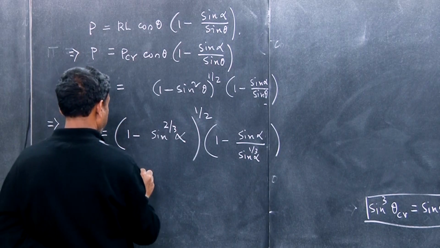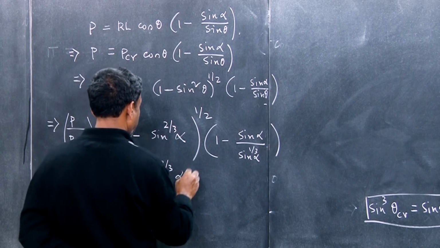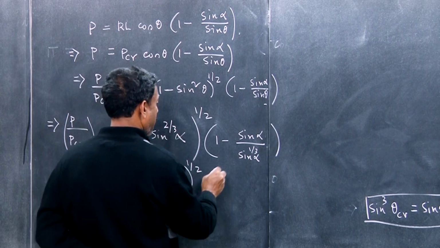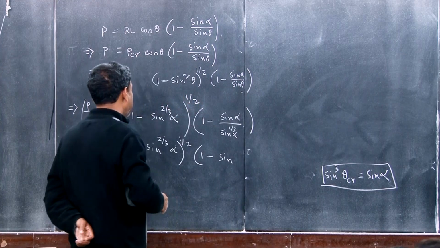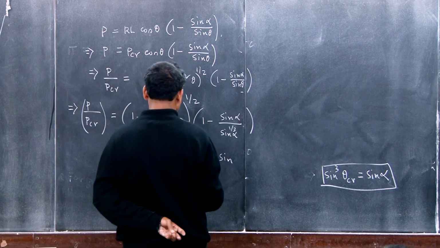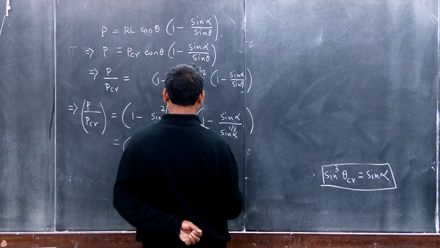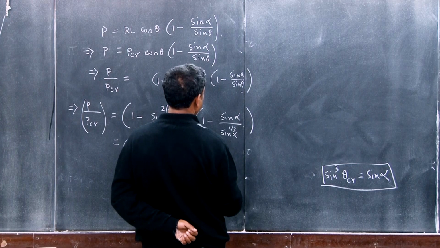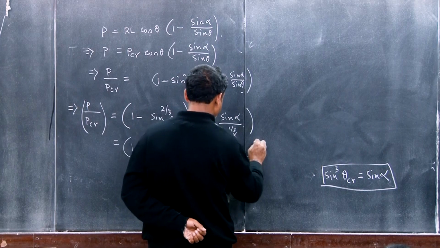Here, 1 minus sine alpha to the power 2 by 3.